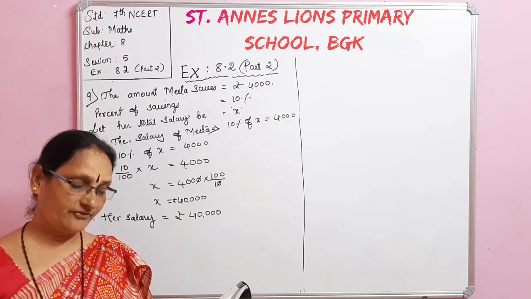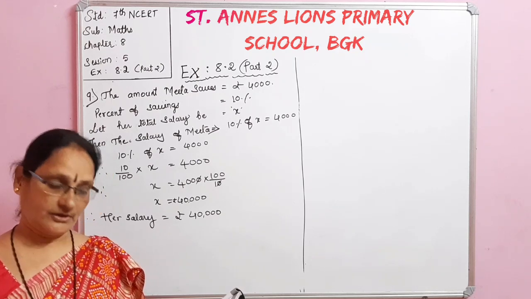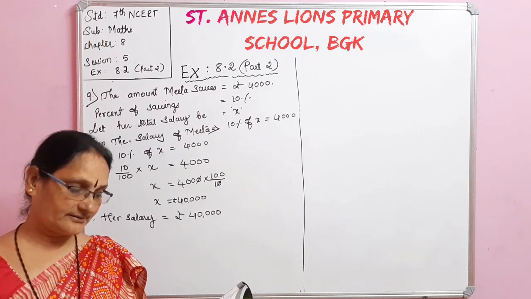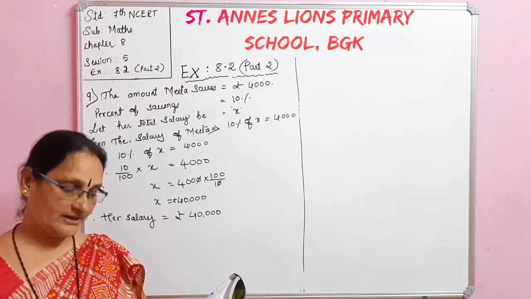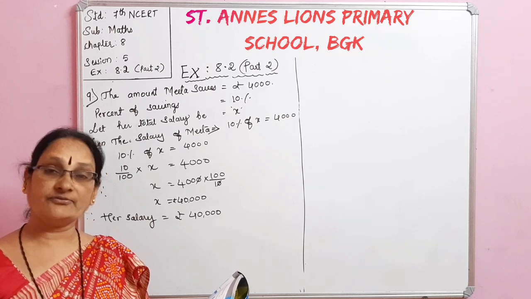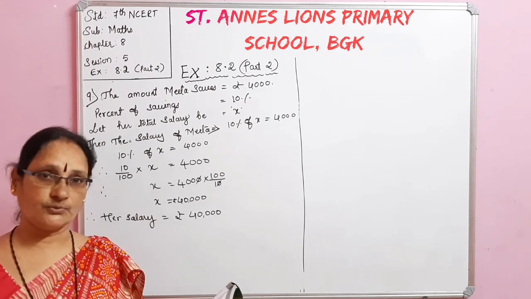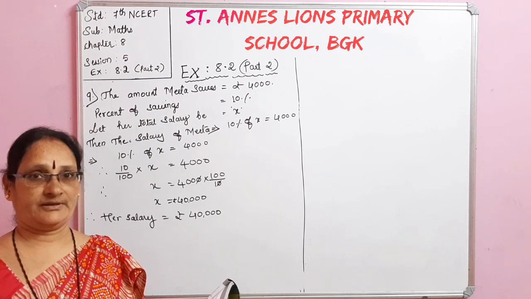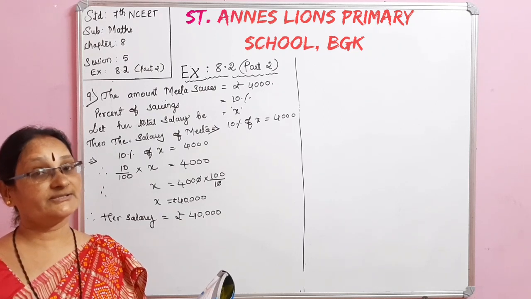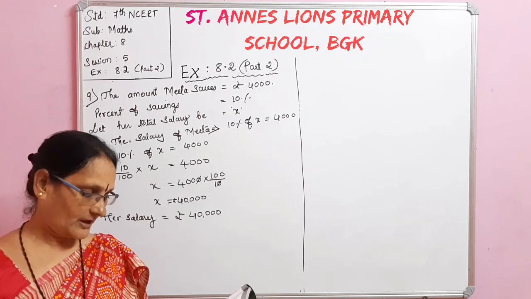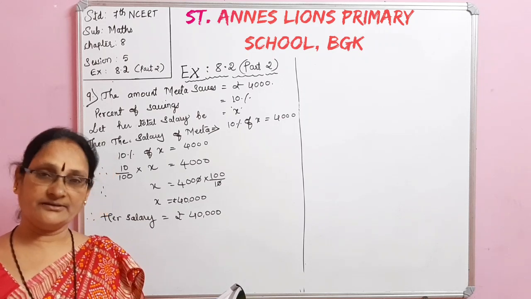It won 25% of them. Total matches they played is 20. Of that, 25% of them they won. The number of matches they won they didn't give, we have to find out. The percentage of matches they won they have given. How many matches did they win?